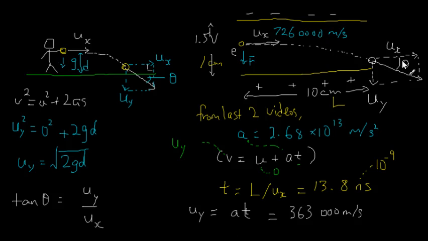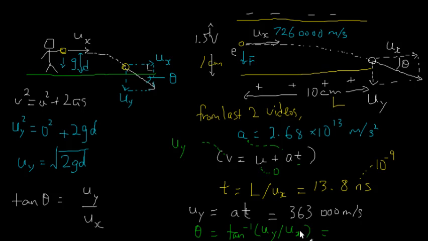So finally, I can find the angle theta using this same expression here. So let me write this out. And the angle theta is therefore the inverse tangent of uy over ux. Inverse tangent of uy over ux. And now I know that ux is this value, this number, uy is this number.